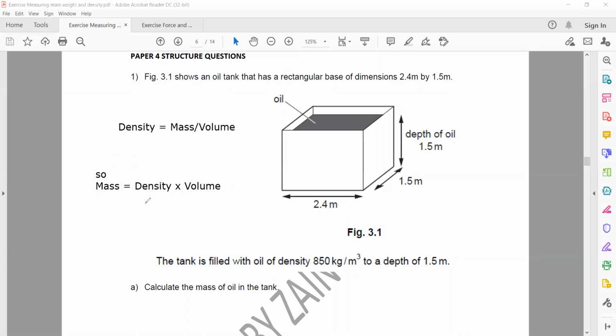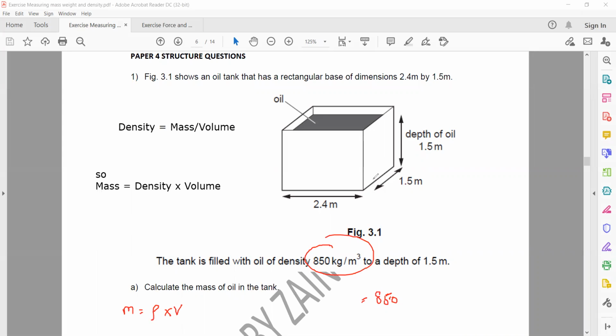So what is the density of the oil, as we are finding the mass of the oil? The density of the oil is given, 850. In terms of symbols, the mass is equal to density, represented by the Greek letter rho, multiplied by volume. And what about the volume?